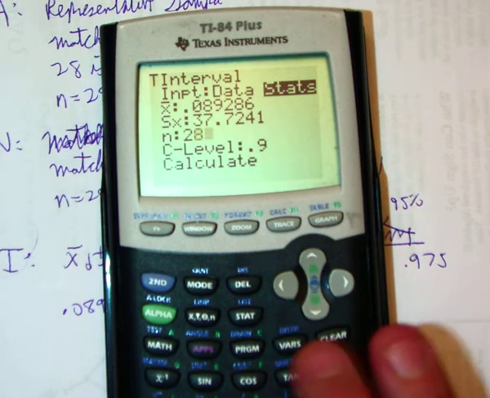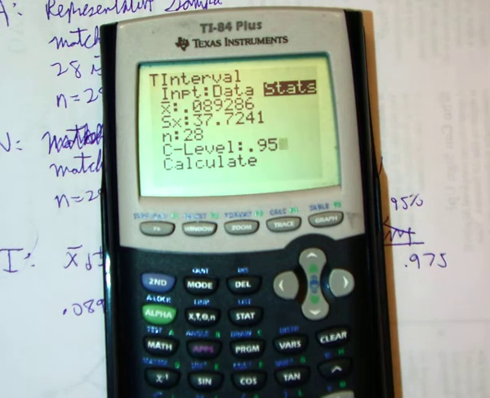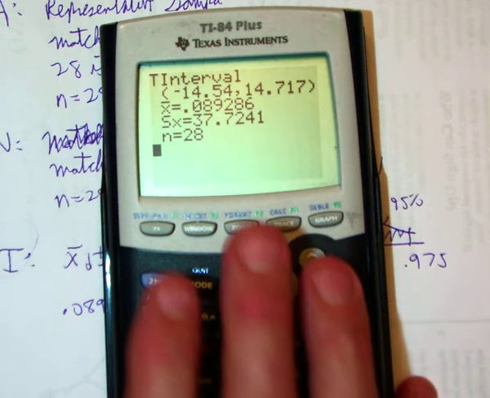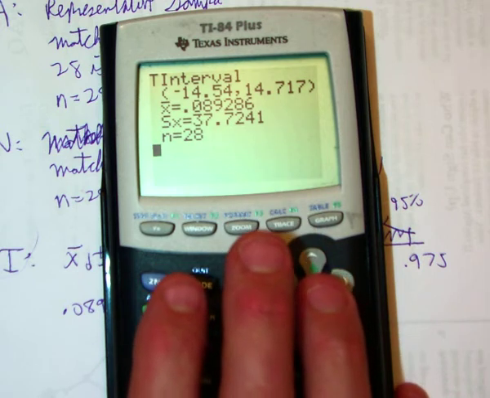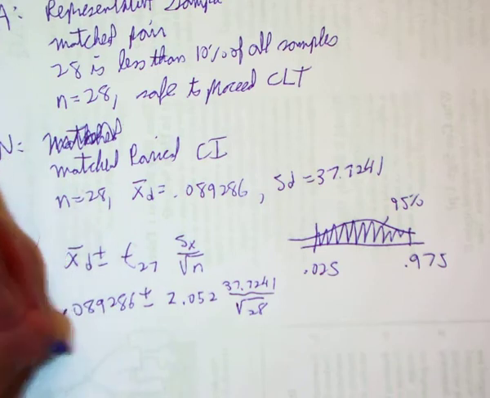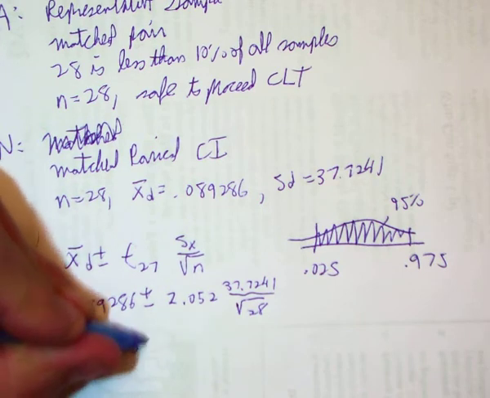My n is 28 and my confidence level is 95. And that's our interval. So we get negative 14.54 to 14.717. Okay. So that's our interval.